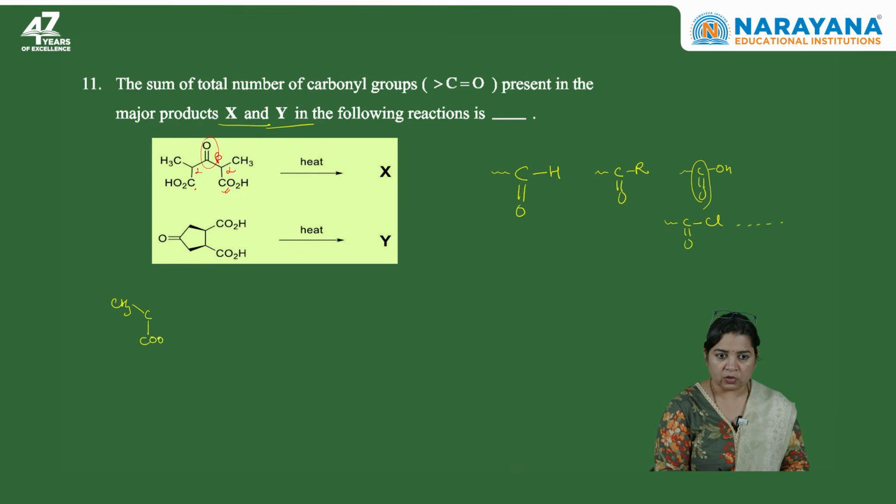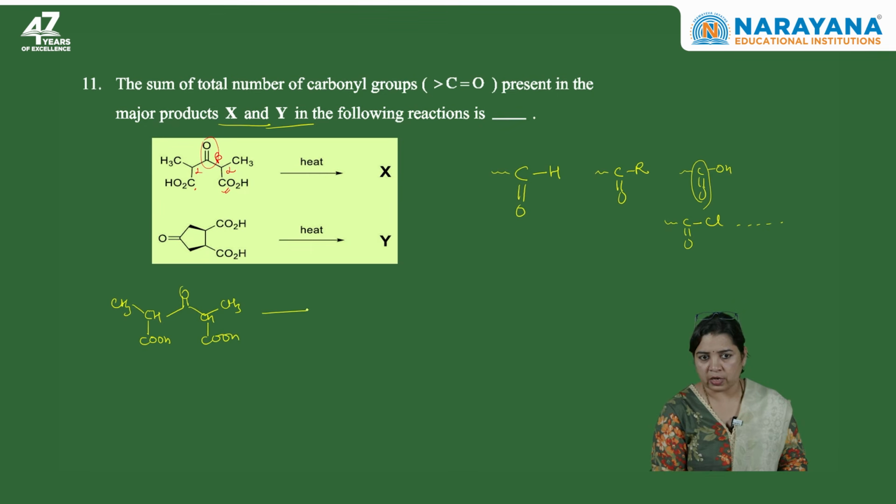CH3C COOH, H C double bond O, CH3CH COOH. If you heat it, then these beta keto acid heating will result in loss of 2 molecules of CO2. They will be released as gas.